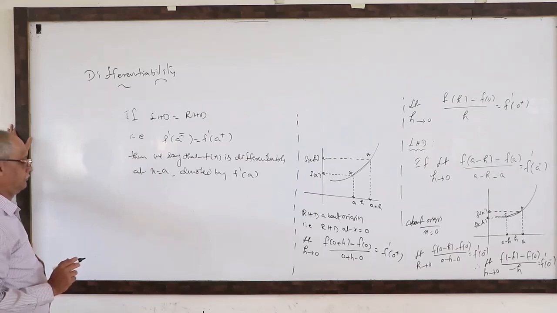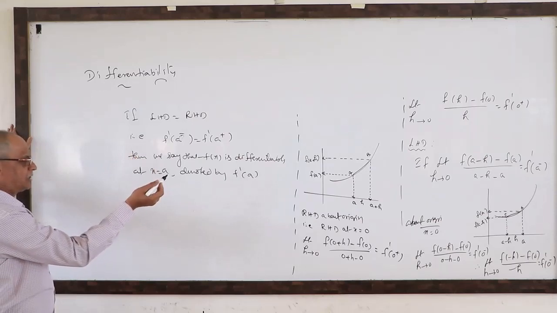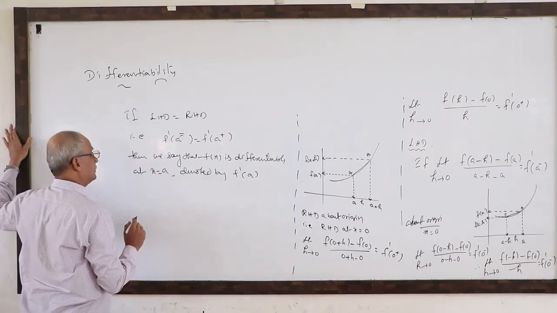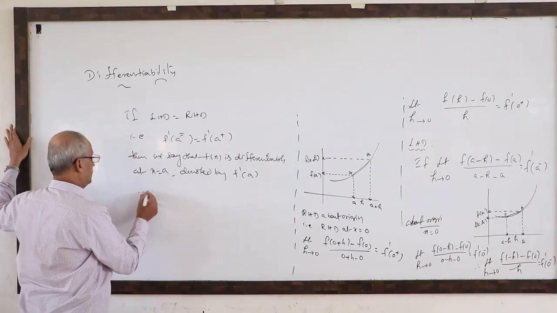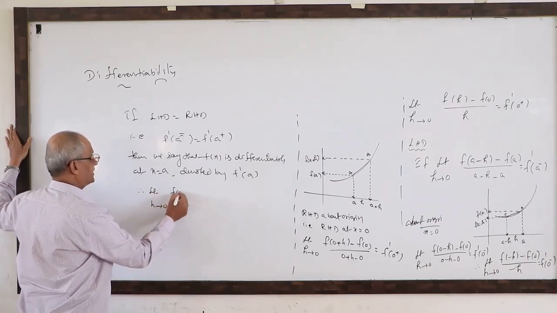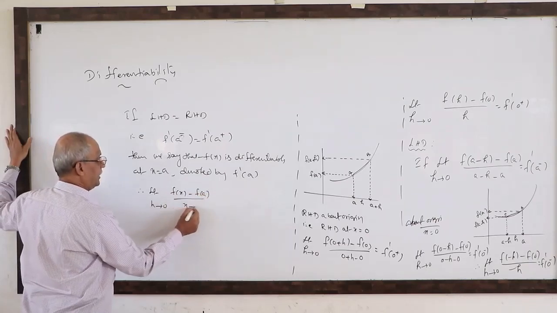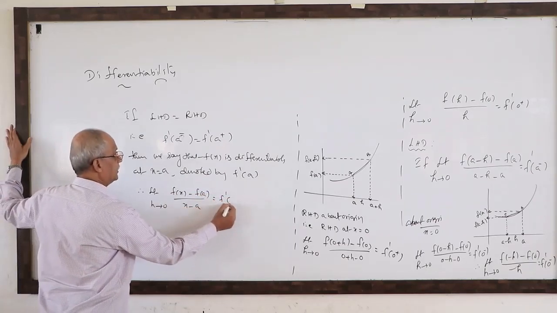In general, either a plus h or a minus h. In general, how to write? Limit as h tends to 0, f(x) minus f(a) by x minus a is f dash of x.